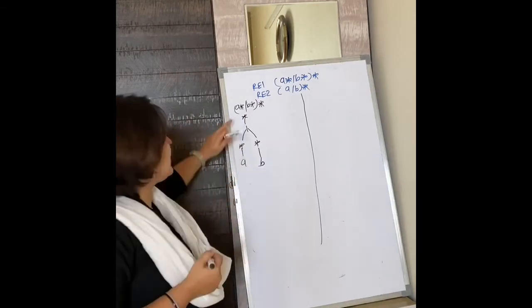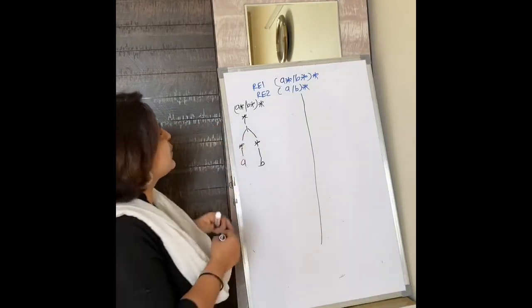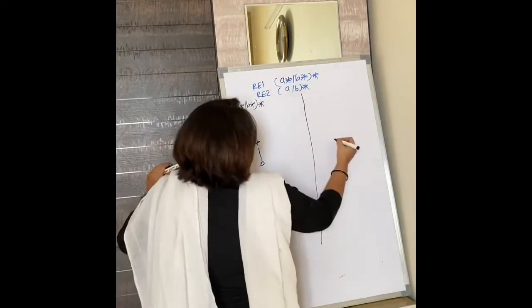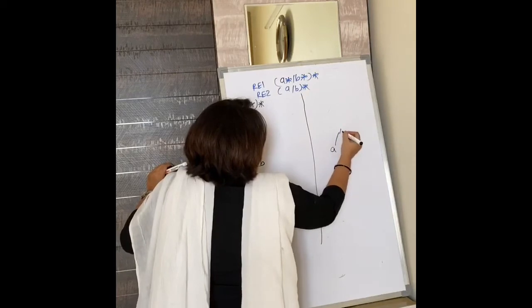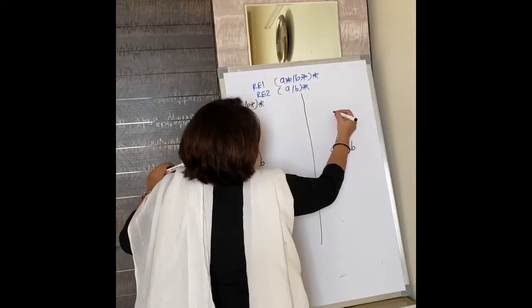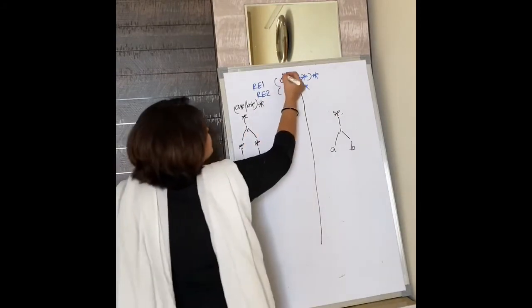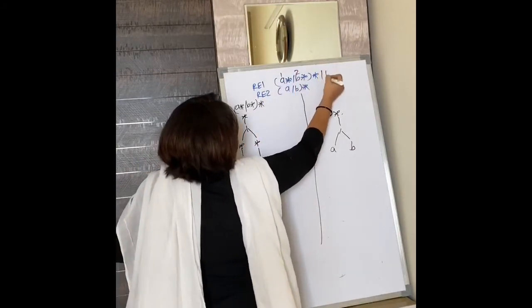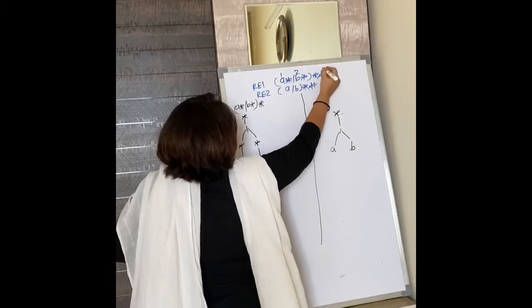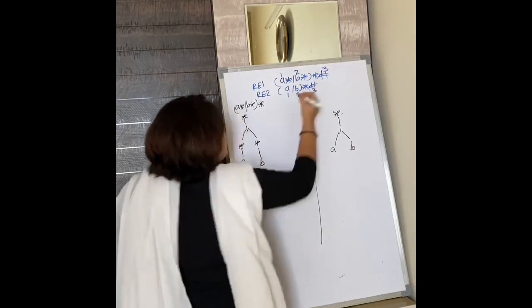This is your root node. And for the second, (A or B) star, this is your root node. Now if you provide input numbering, this is 1, 2, and hash should be added, so 3. This is 1, 2, 3 again.